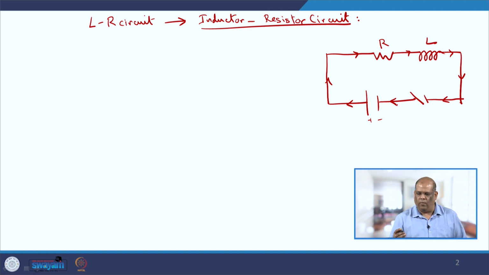Basically, when the current flows, mathematically it will be shown that your current reaches a steady state once the switch is on, and when the switch is off, the current does not instantaneously go to 0, but there is a decline and slowly it reaches 0.